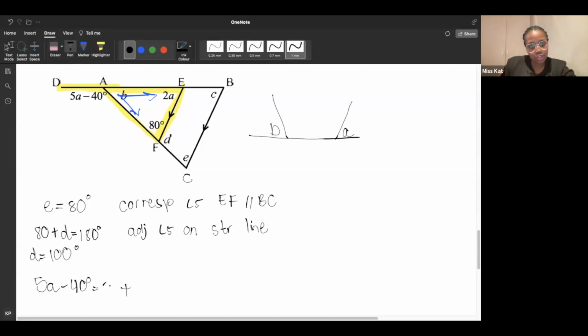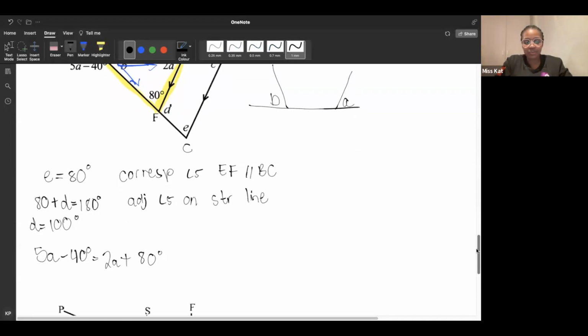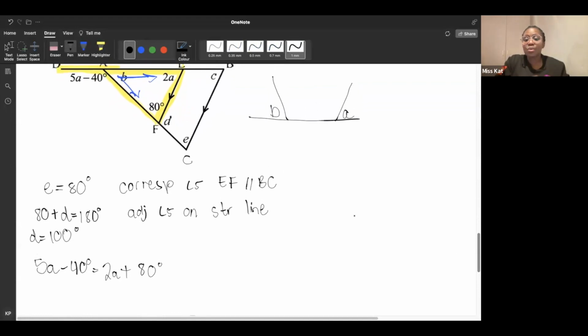So it is 2A and 80. Now, do you see that we have the same variable? Yes, ma'am. We can solve for A.